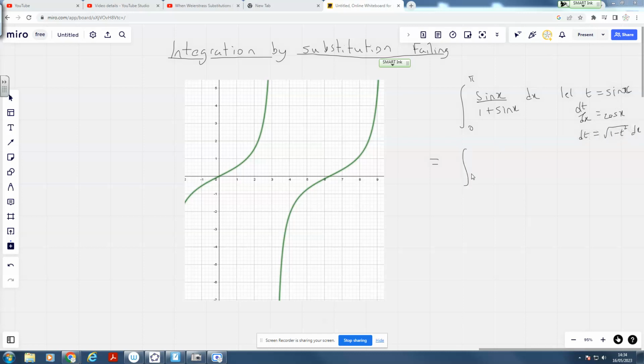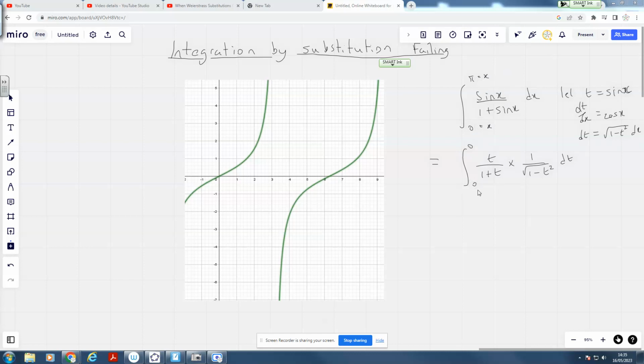And so we plug it in, and we get t over 1 plus t multiplied by 1 over root 1 minus t squared dt. But the key thing is when you plug the limits in, x is 0 and x is pi, you get 0 and 0 here.